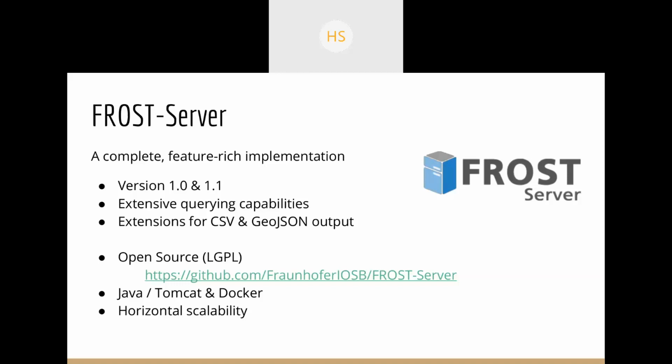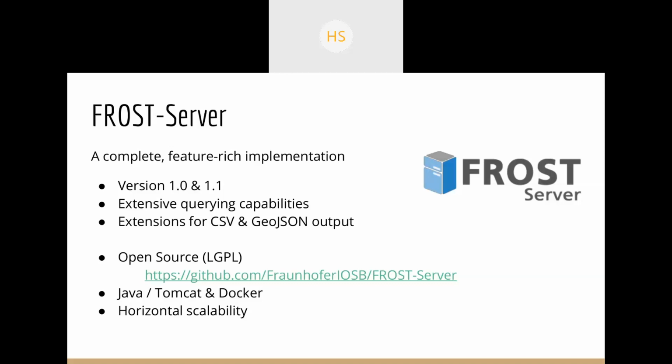It has, for instance, a CSV extension, so you can get your data as CSV files. And it has a GeoJSON extension, so you can get your data as GeoJSON and directly display it in, for instance, QGIS or any other GIS program that can display GeoJSON. FROST server is open source, LGPL, so there are also several other projects that use FROST server as a library to make it easier to expose their data as SensorThings compatible data.